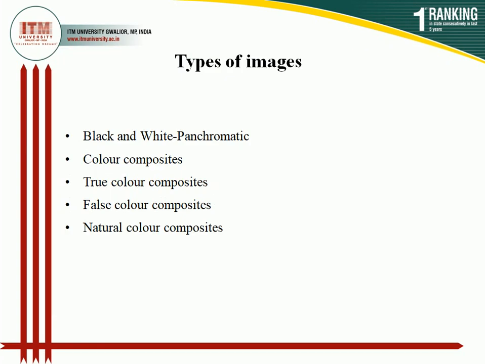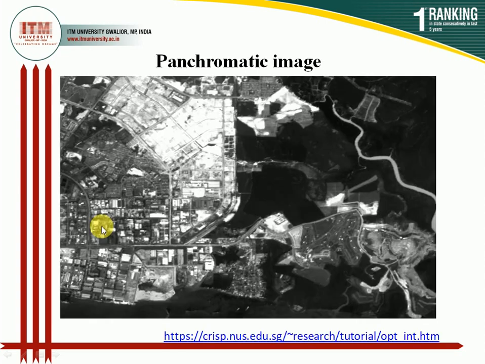All types of satellites, or any aircraft or helicopter with an installed camera, basically take pictures that may be either black and white or color composite. In color composites it may be true color, false color or natural color composites.